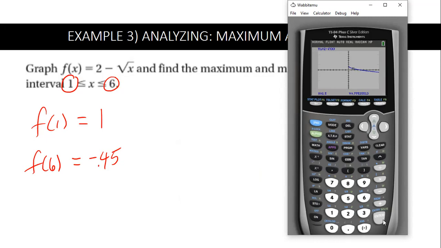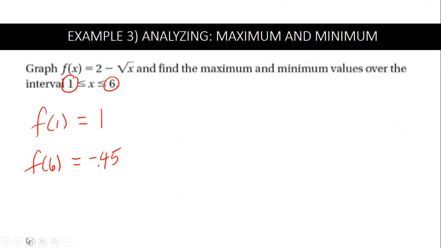Okay. And then you're just saying what's your max value and what's your min value. So your values refer to your output, your y, right? So my max value is 1. And my min value is negative 4.500. How do you feel about analyzing a graph to find max and min on an interval?